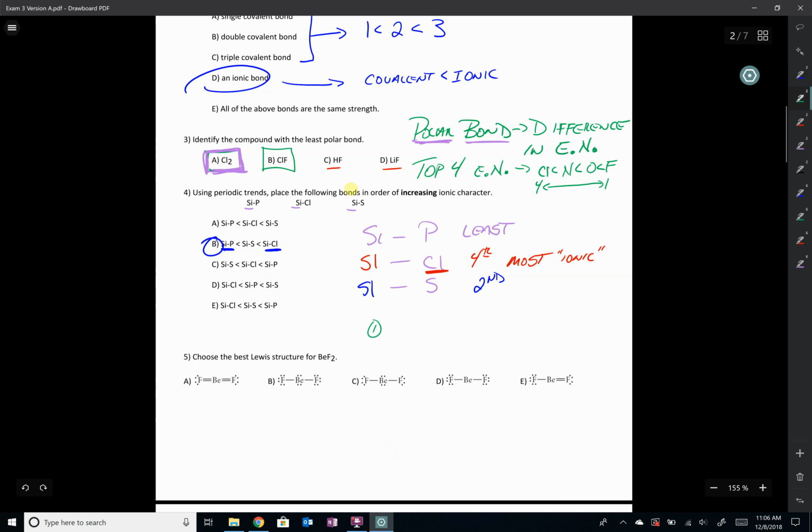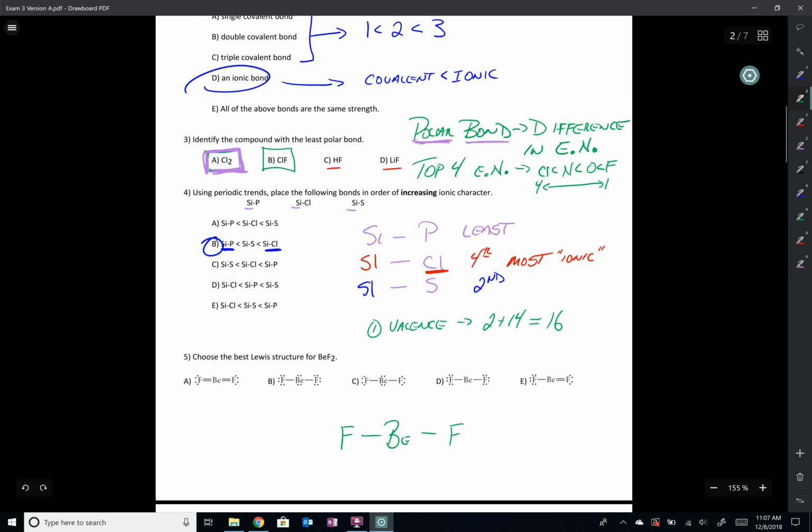So we're going to bring that information back in. Step 1, valence electrons. We've got 2 from the beryllium, plus 14 from the 2 fluorines, so a total of 16 valence electrons. You put the beryllium in the middle, the least electronegative in the middle, and bind it to 2 fluorines.